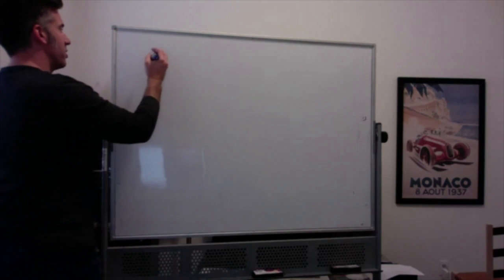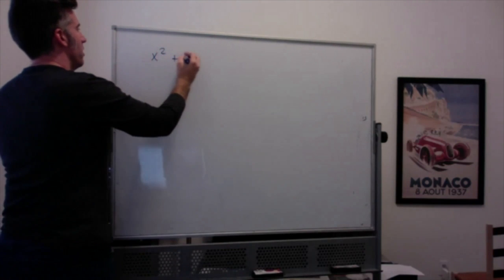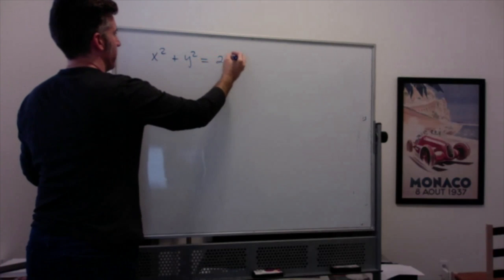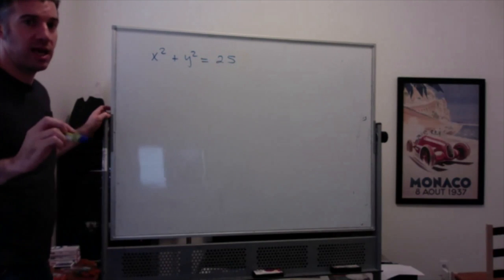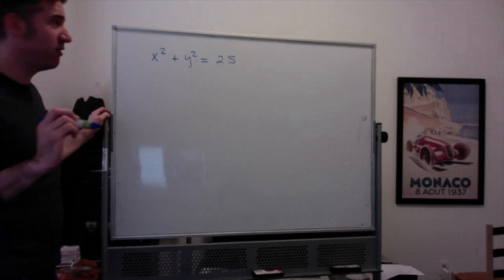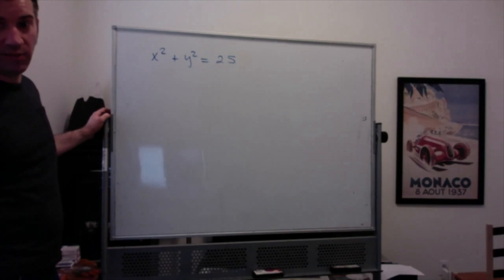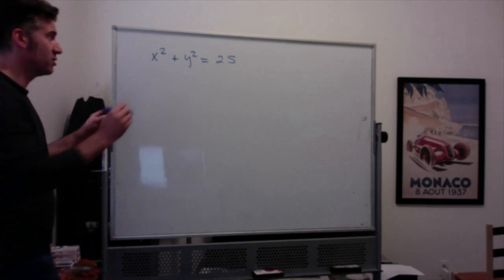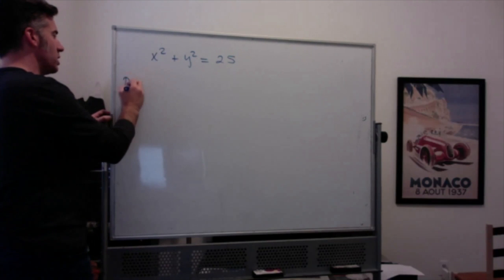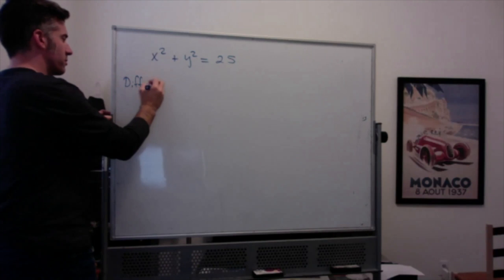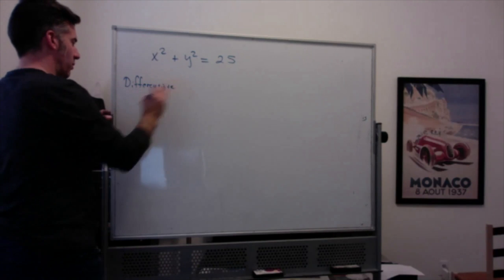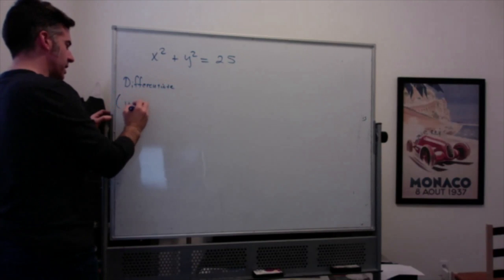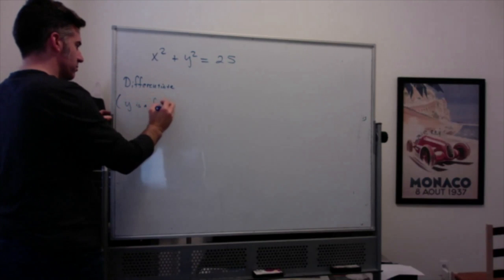So let's go back to our original x squared plus y squared equals 25. And we're saying, hey, y is a function of x. Just like in that previous problem, w and u were functions of x. So when I take the derivative here, or if I differentiate, remember, y is a function of x.